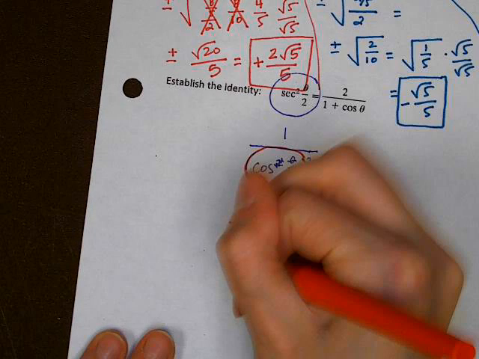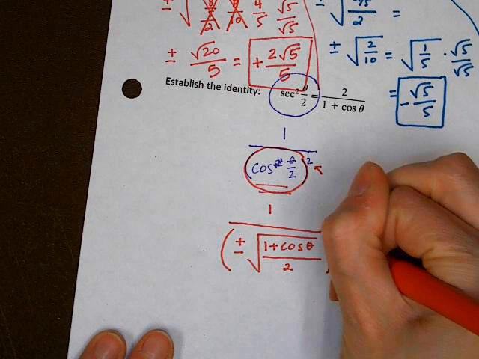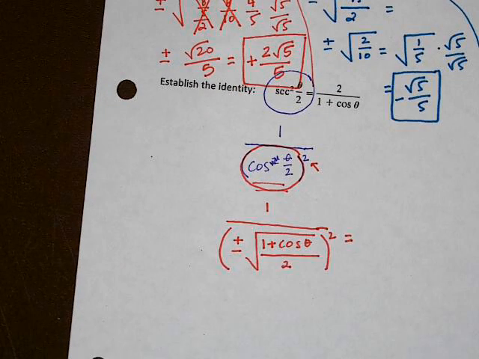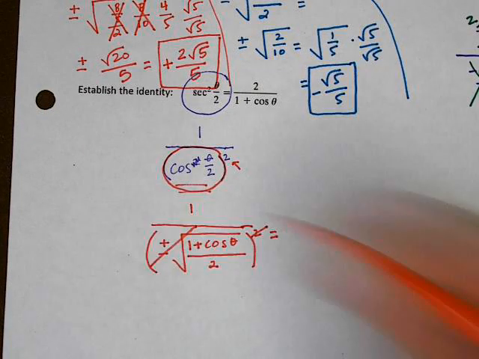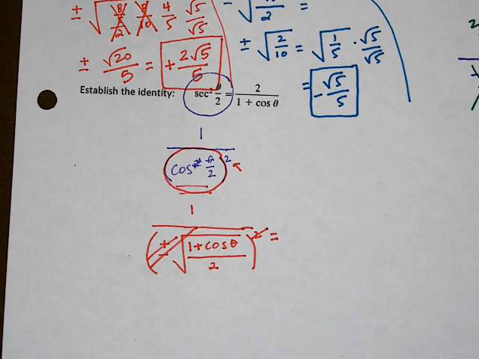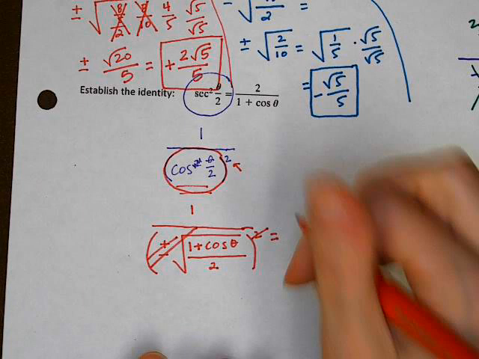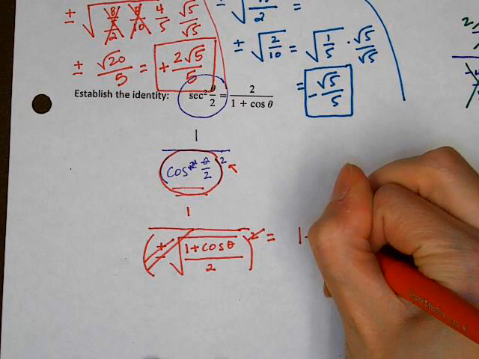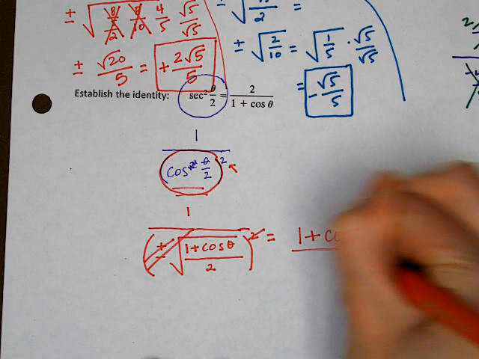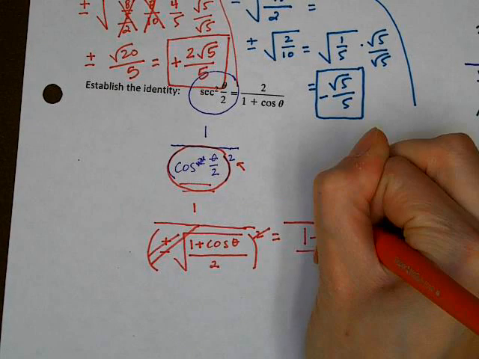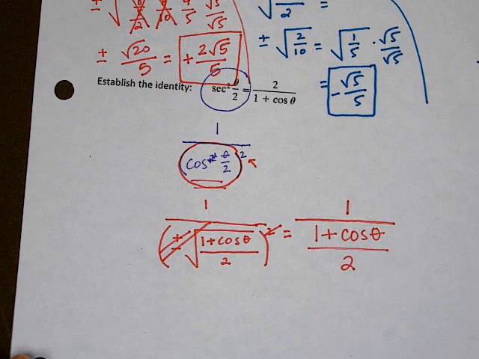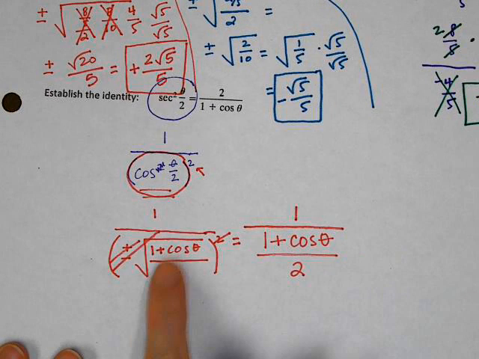It says squared, so we're squaring that. Okay, well, you guys know what happens when you square a square root and a plus and a minus, just everything cancels, and we're left with 1 plus cosine theta all over 2. And then, oh, sorry, don't forget it's 1 over that. All right, so 1 over all that.